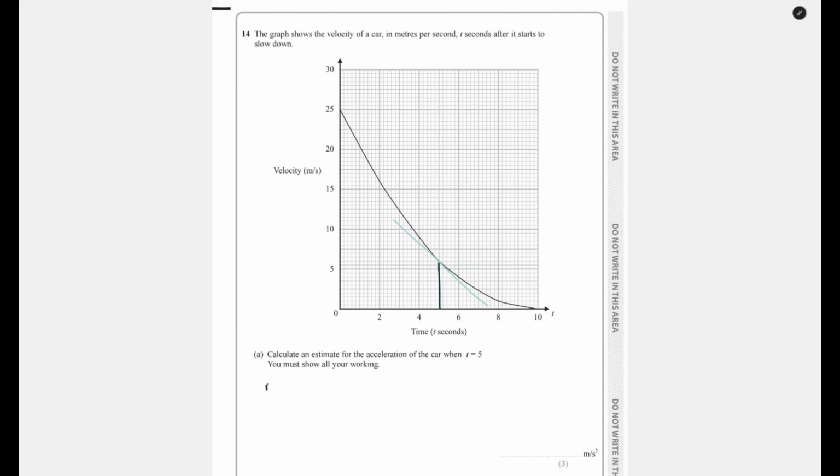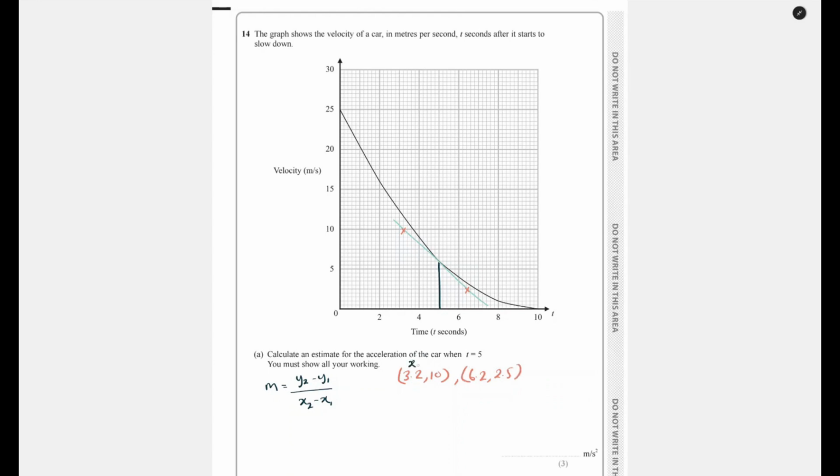We know that the formula for the gradient m is the change in y, y2 minus y1, over the change in x, which is x2 minus x1. So we need to pick 2 points on our graph. I'll pick this point here, which is 3.2, 10, and I'll pick this point here, which is roughly 6.2 and 2.5.